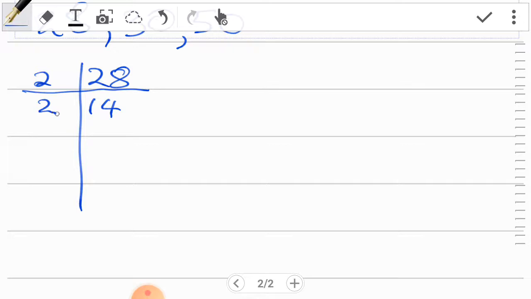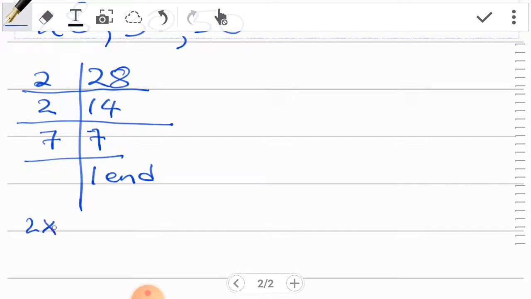It's going to be 2, and it goes into the 14 7 times. Then the lowest prime number that could go into 7 without a remainder is 7. We get 1. As soon as we had 1, then we're at the end. So here are the prime factors of 28: 2 times 2 times 7. And yes, you see that this gives us back 28.